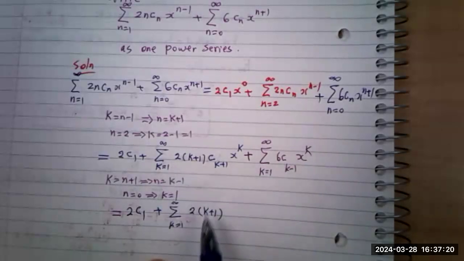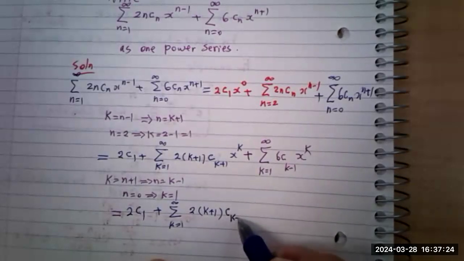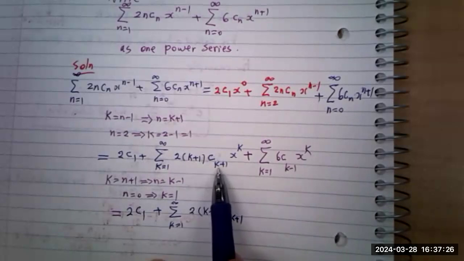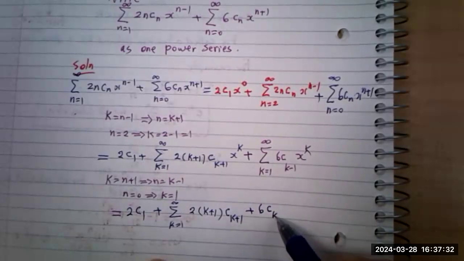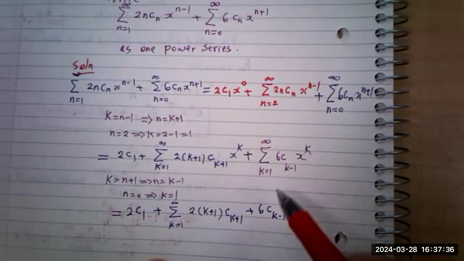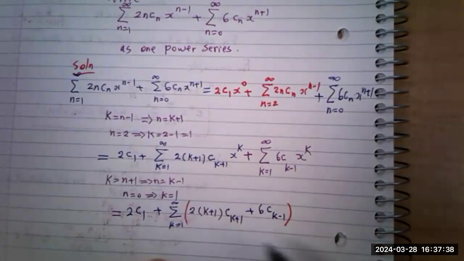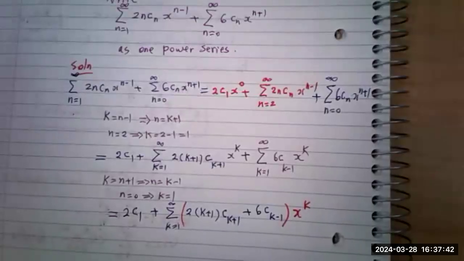So I have 2 times c_{k+1}, plus 6 c_{k-1}, as a coefficient of this x to the k. Now look at this as a factor, all x to the k. That's why you have to use the same k to be able to write it down here together.